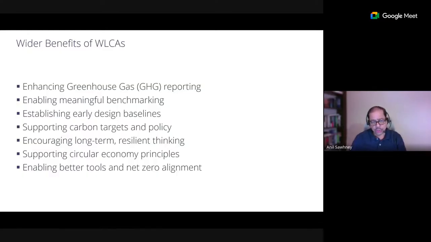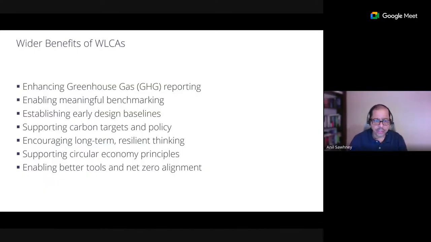But if you use WLCAs, you can perform whole life carbon assessment calculations, find emissions from each of your projects and each of your assets, combine your entire portfolio, and then enhance your GHG reporting.